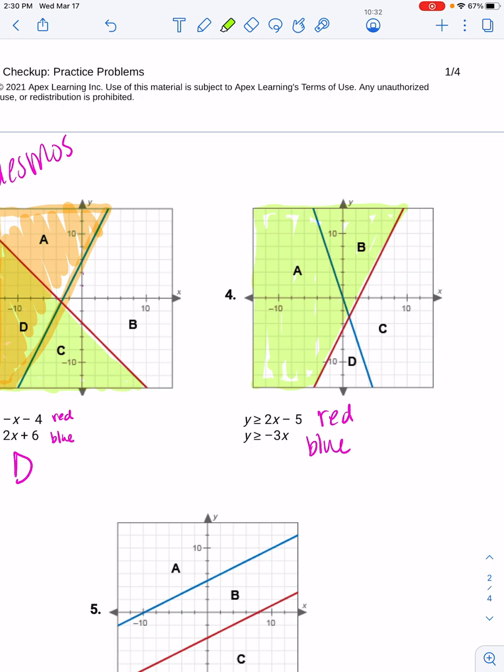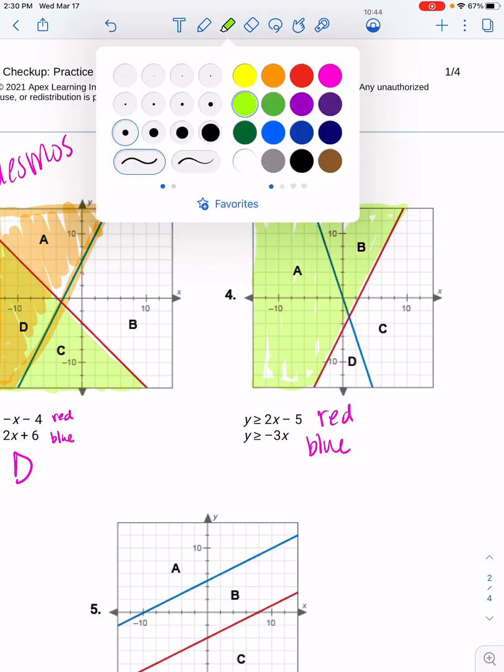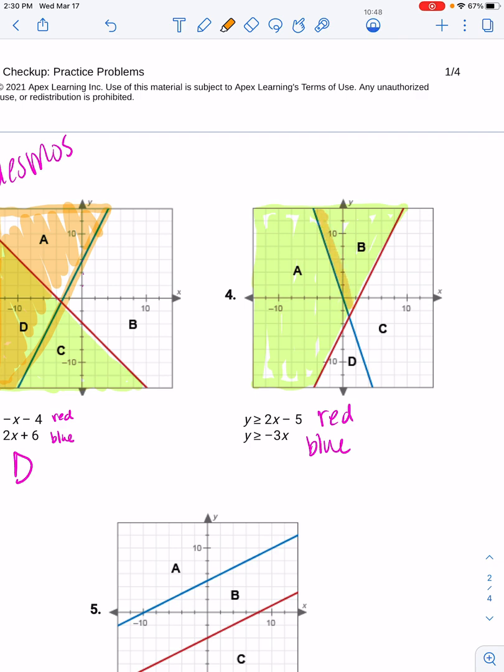Remember that equation is y is greater than or equal to negative 3x. It should be going in the opposite direction, right? If you've already typed it in, it should be going this way. So when we look at where our common shading is, it's going to be in section B.